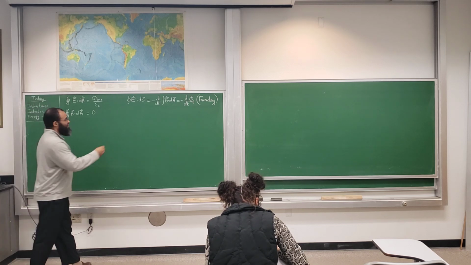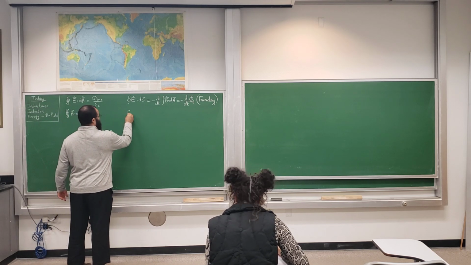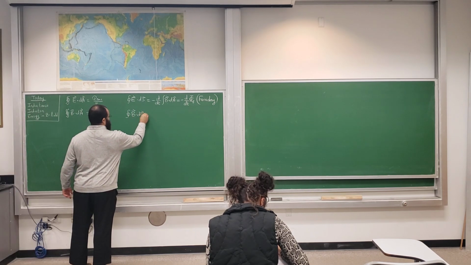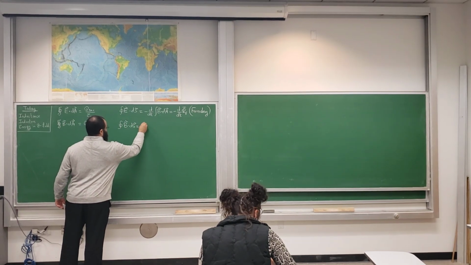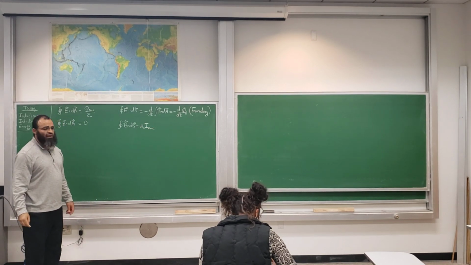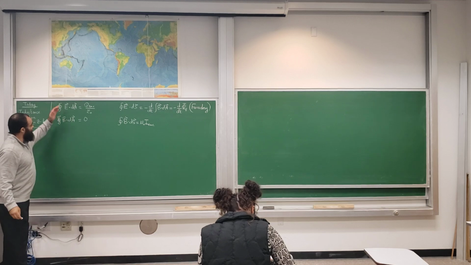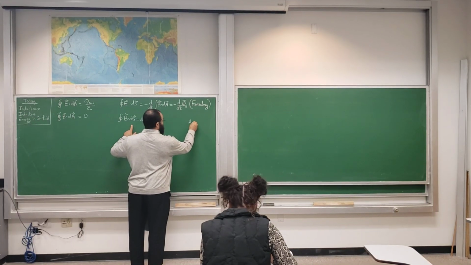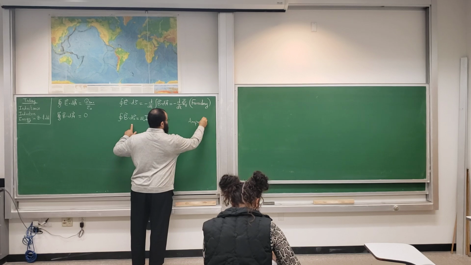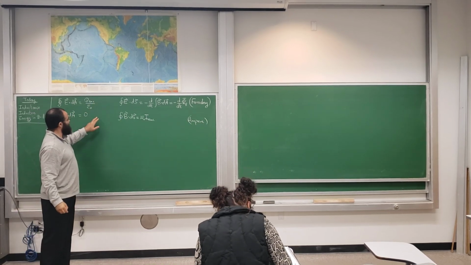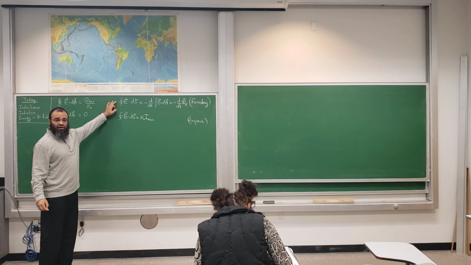And the last one is Ampere's law: the integral of B dot ds equals mu naught times the current that passes through, right? I will leave some space here. The first 3, Gauss's laws and Faraday's law, are in their final form.